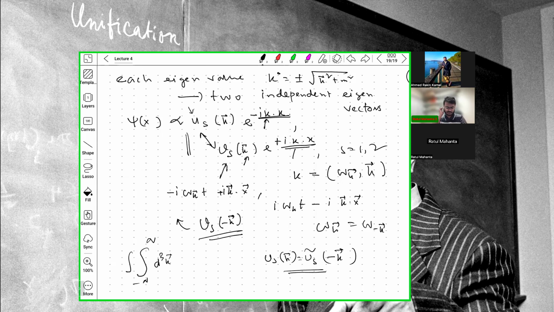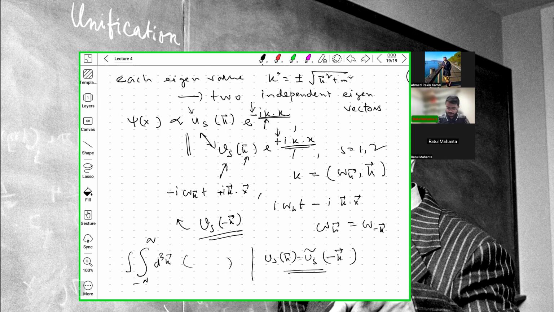So both parts will have positive and negative, so it will not be a problem. But what comes with a minus sign here and what comes with a plus sign here will lead to creation and annihilation operators. The coefficients of them will lead to creation and annihilation operators, because finally the commutation with the Hamiltonian turns out to be the deciding element.